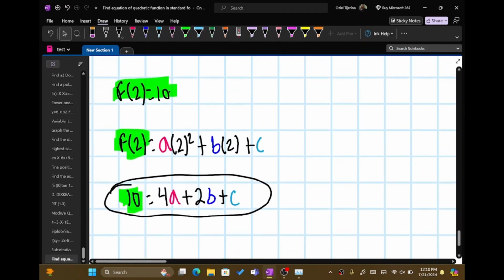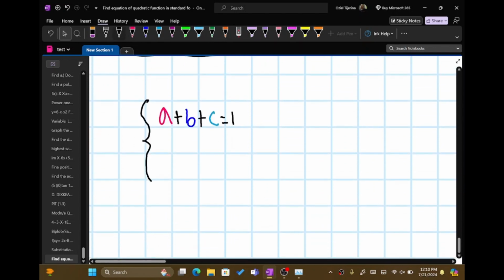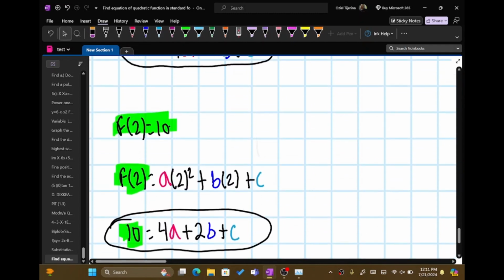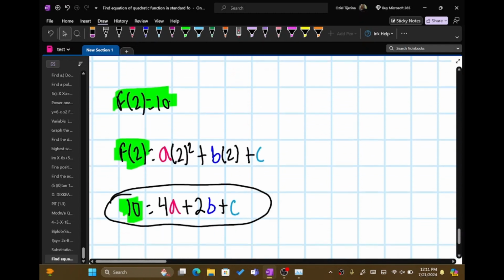And then we have 4a minus 2b plus c is equal to negative 2.